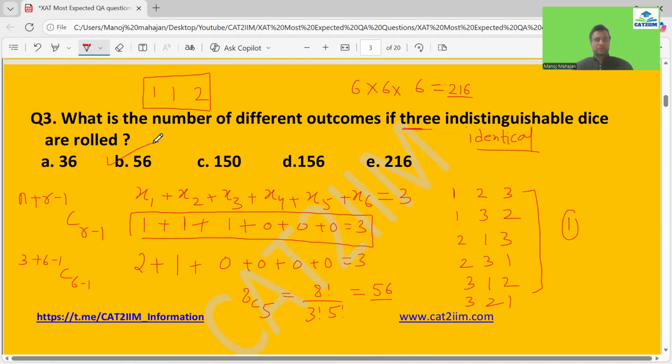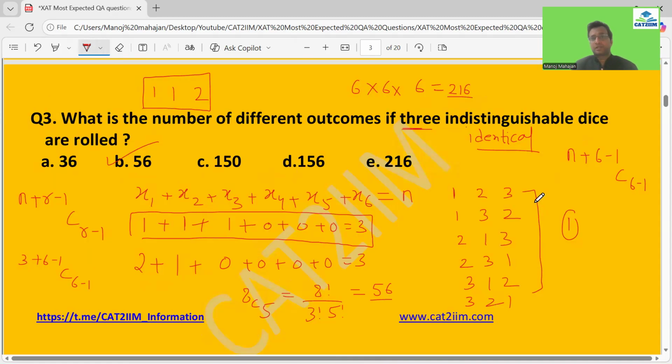So it was a wonderful question which appeared way back in the SAT paper. If I want to frame the general result, let's say instead of 3, I'll put n dice. Of course, they are identical, and you can have these numbers only 1 to 6. So what do I get using this result? n, and what is r? That is 6 only, minus 1, C 6 minus 1.